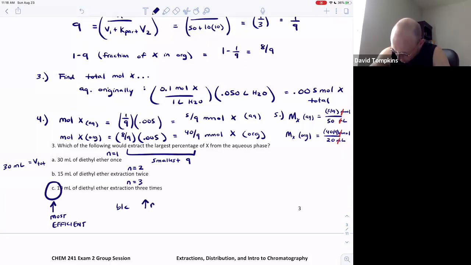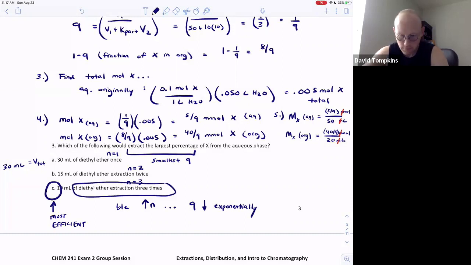Because when we increase n, remember that Q decreases exponentially. And so the smallest percent of solute, or X, will remain in the aqueous layer. The majority of X will go into the ether.